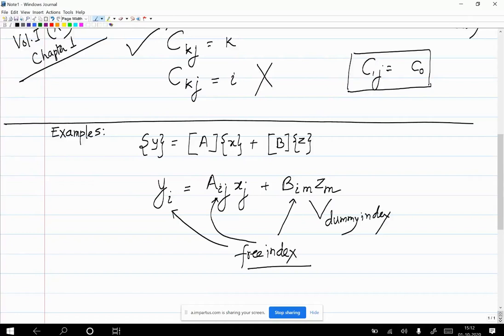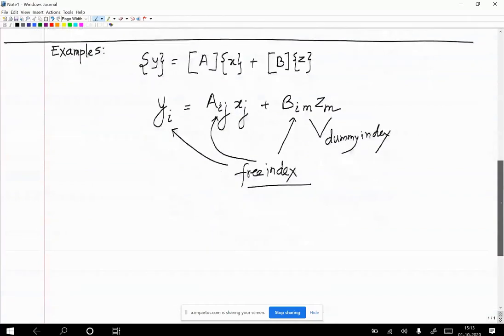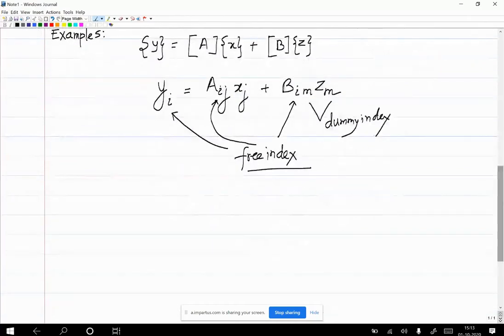And if you want to change it, you must change them all together. It should not be that you are changing in only one of the terms and not in other terms. Either you don't change it, or if you are changing, then change it everywhere. And also see that in this example, the free index is appearing in each of the terms.